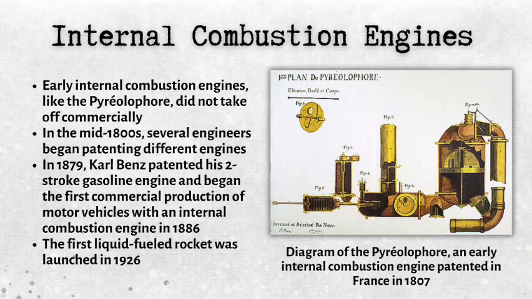One of the very first internal combustion engines, the Pyrophore, shown on this slide here, was used to power a riverboat in France. That engine used finely crushed coal dust as fuel, but it never took off as a commercially viable product.